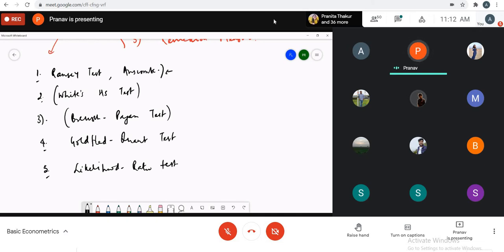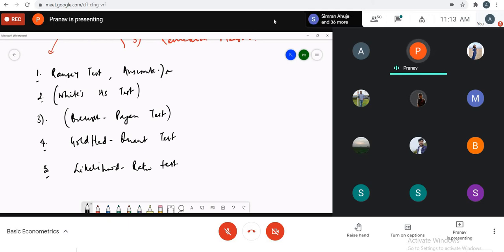The very simple form of non-linear x's has been suggested by Glejser, where he does not talk about any non-linear powers of x's. Instead, he suggests you run a regression of mod of ui on different non-linear functions of x, whether it is 1 upon x or 1 upon root x, and so on.